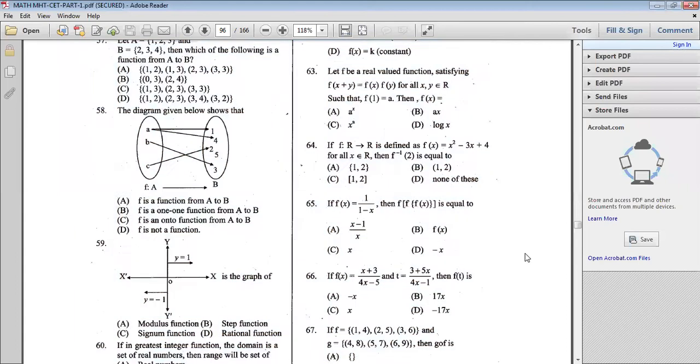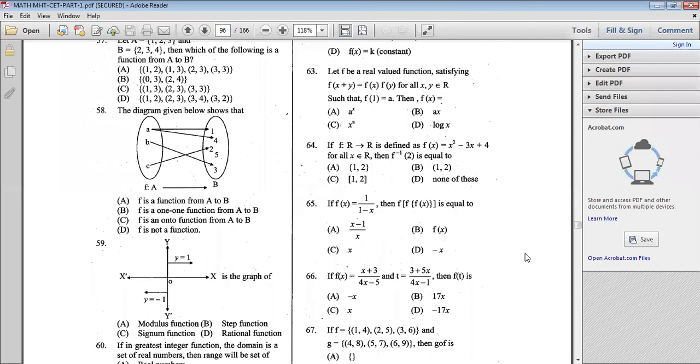Observe problem 66. f of x is equal to x plus 3 upon 4x minus 5, and t is equal to 3 plus 5x upon 4x minus 1.